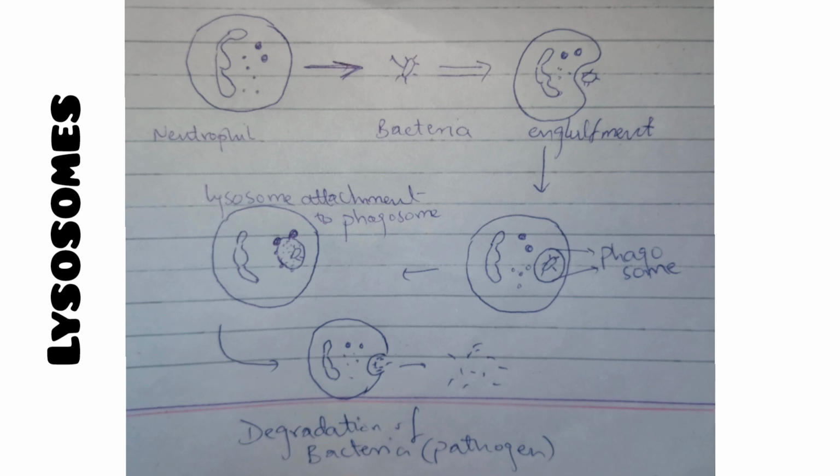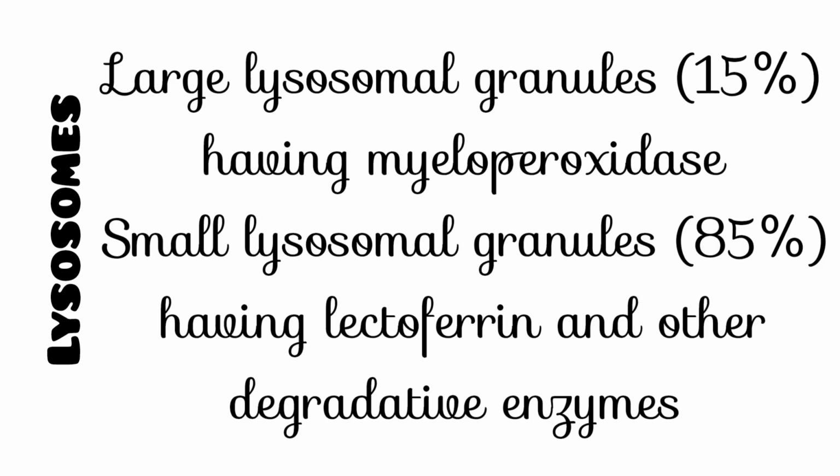The granules that are present in the neutrophil are known as lysosomes, and there are two types of granules. There are some large granules, which are called large lysosomal granules, and some small granules. The large lysosomal granules, which constitute about 15% of the total, contain the important enzyme myeloperoxidase, as well as lysozyme and several other degradative enzymes.